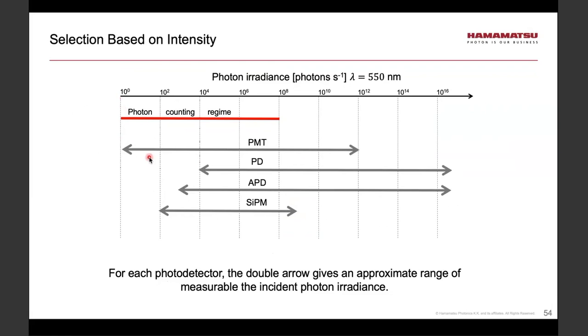However, if the incident irradiance increases, then silicon photomultiplier now becomes a possible choice as well. Increasing irradiance even more, then APD becomes a third possible choice. Like in this region, for these irradiances, right now I would have a choice perhaps between SiPM, APD, and PMT.